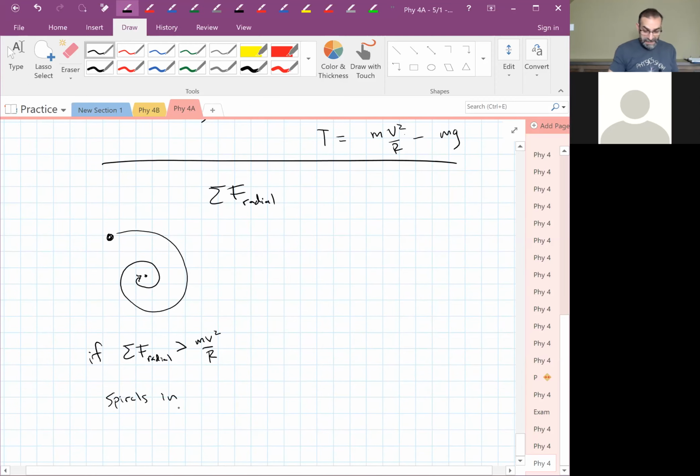It spirals in. If the net force in the radial direction is equal to this magic value, mv squared over r, what happens to our object?